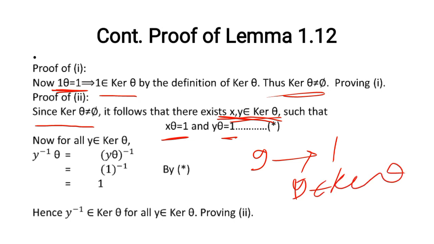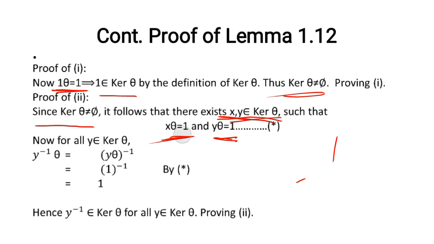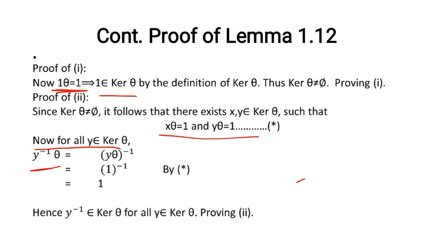So x theta equals 1, and y theta equals 1. We found x and y in the kernel of theta because the kernel is not empty, since 1 theta equals 1. So this satisfies this condition. We now want to show that we can find y inverse theta. So what will y inverse theta be like?